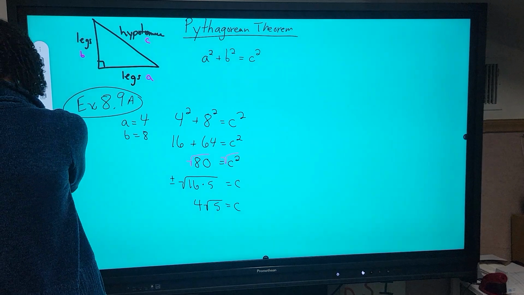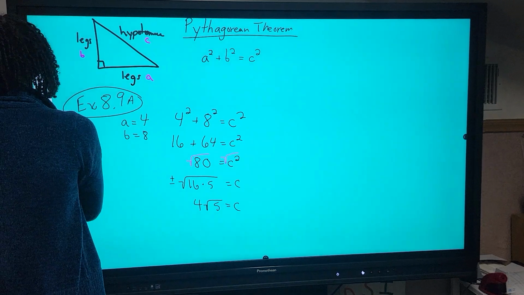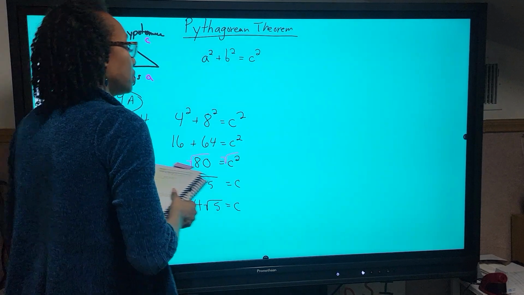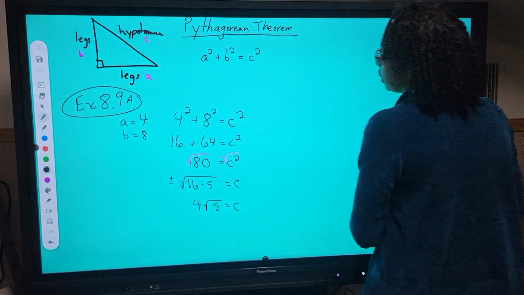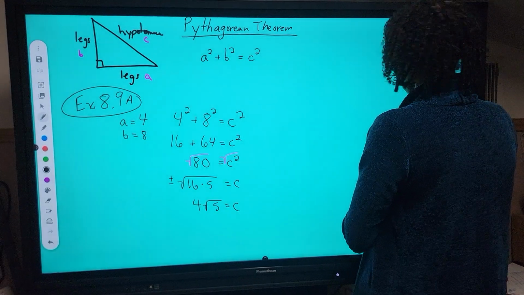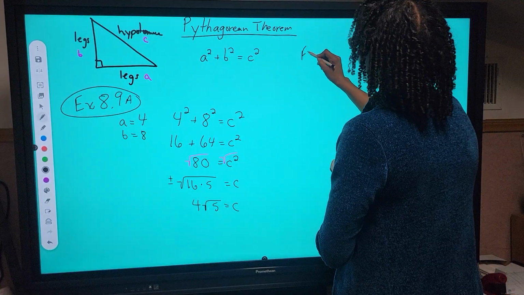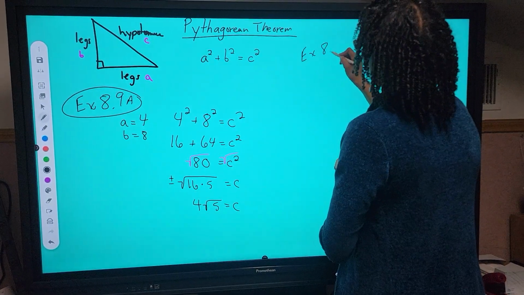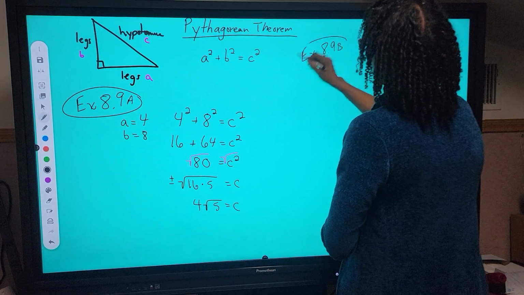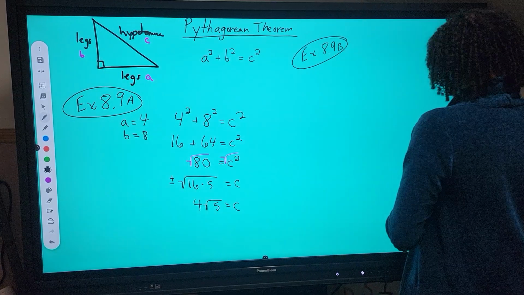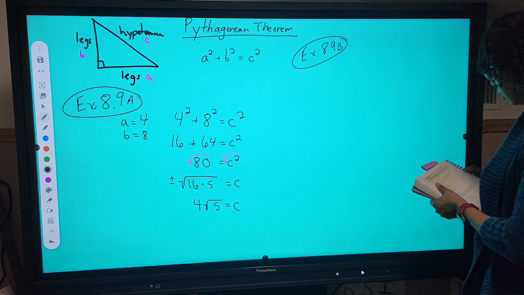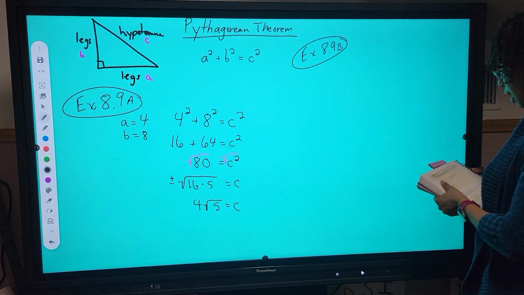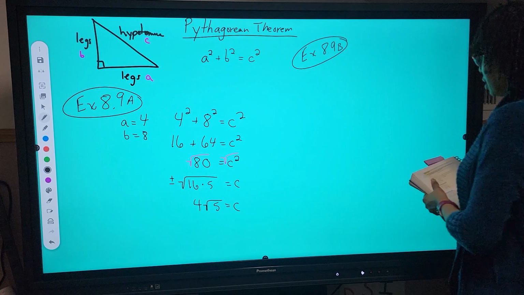All right, let's look at the same thing, but instead of us looking for C, this time they're going to have us look for a different letter. This is example 8.9b. It says, find the length of one leg of a right triangle if the length of the other leg is 8 and the length of the hypotenuse is 17.